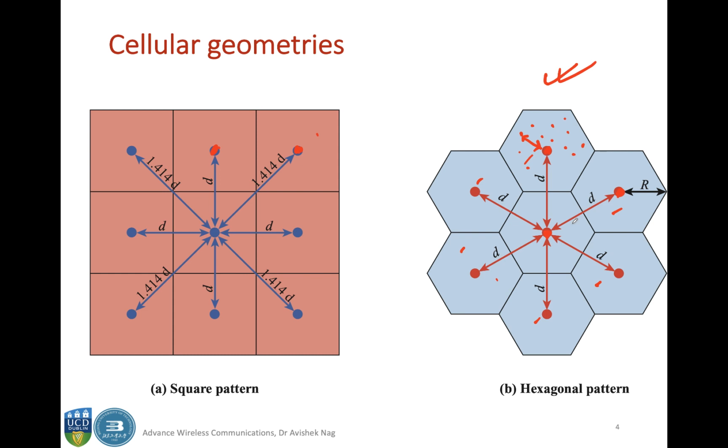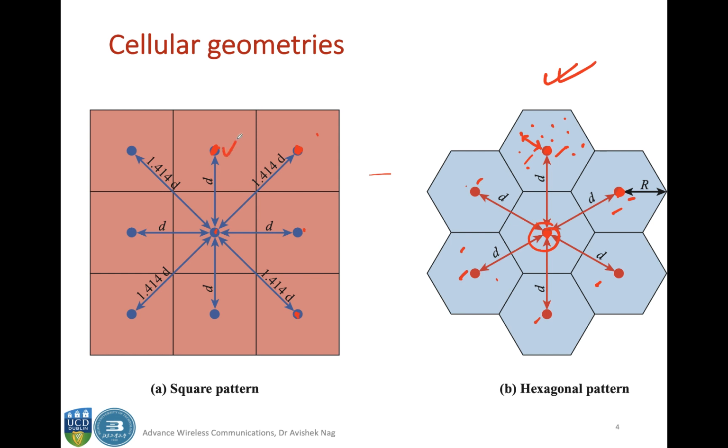It doesn't happen in a square geometry. In the square geometry the corner antennas are at a greater distance than the sidewise antennas. Because of the equal distances, the interference in signal from these neighbors would be equal to the central base station, whereas in the square case this won't be the case.